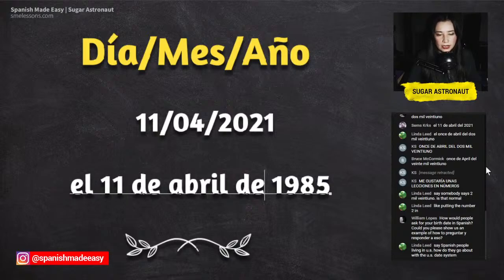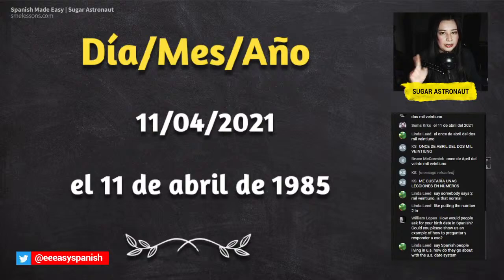When we're talking about specific years, I just noticed that, guys, sometimes you say del, for example, the years 2000s. You use del 2000, del 2021, del 2020, and so on. But if you're talking about the 1900s, you say de 1985. So that's something really like a tiny detail, but it's good to know.